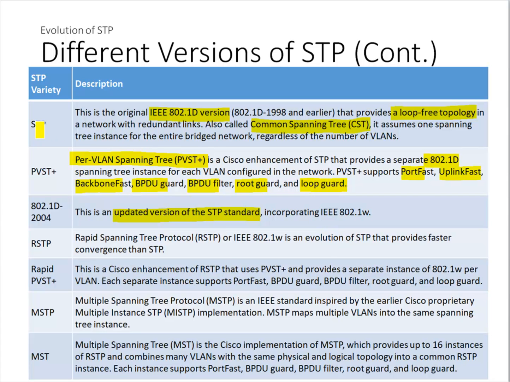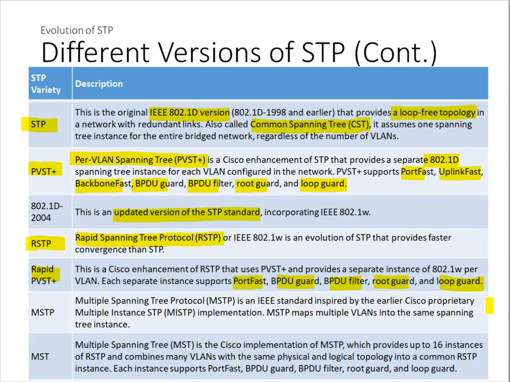Compared with STP, RSTP is very fast, rapid. Then in PVST plus we have rapid, so the convergence is high, with additional features like PortFast, BPDU guard, BPDU filters, root guard and loop guard.